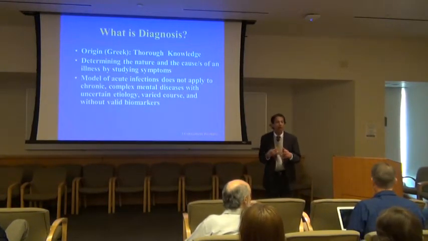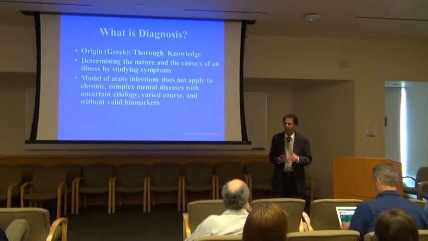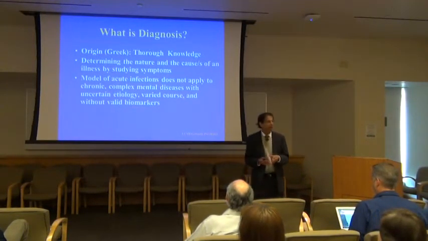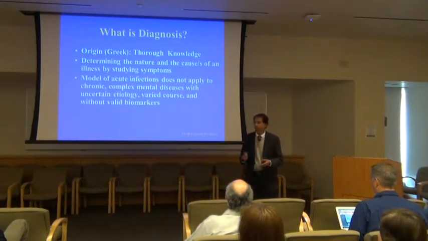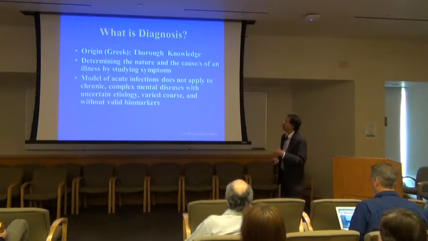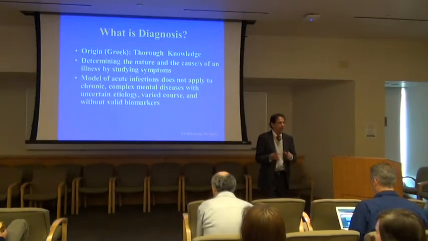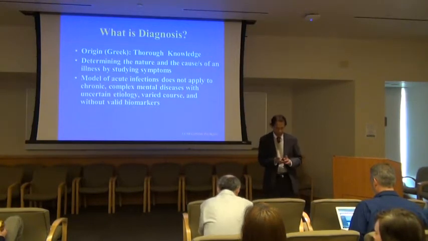The course is highly varied. And think about schizophrenia. And there are no valid biomarkers. We can't diagnose schizophrenia by examining blood or looking at MRI, right? So that's why the diagnosis becomes much more of an issue for psychiatry than for some of the other specialties.